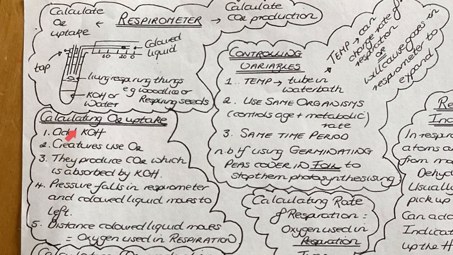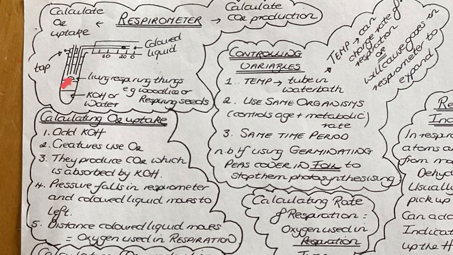So if you want to calculate the oxygen uptake of the wood lice, what do you do? You add potassium hydroxide to the bottom of the respirometer. The little creatures use oxygen from the air. In here, all of this contains air, and they will use oxygen from that air.